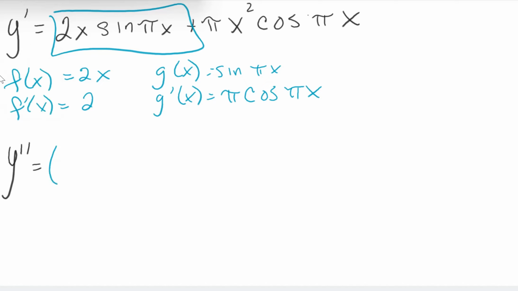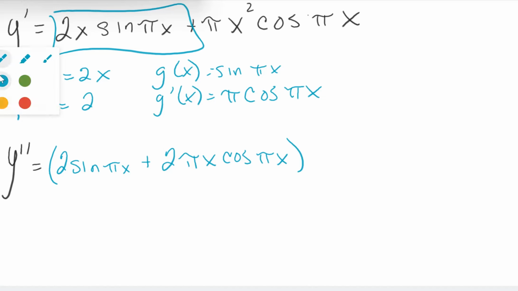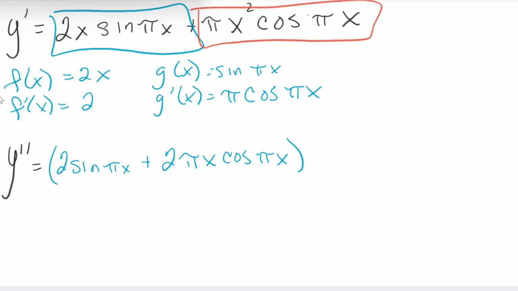So we have 2 sine pi x plus 2x. Actually, I'm going to put the pi in front of the x. 2 pi x cosine pi x. And then if we look at this one, f of x is pi x squared.